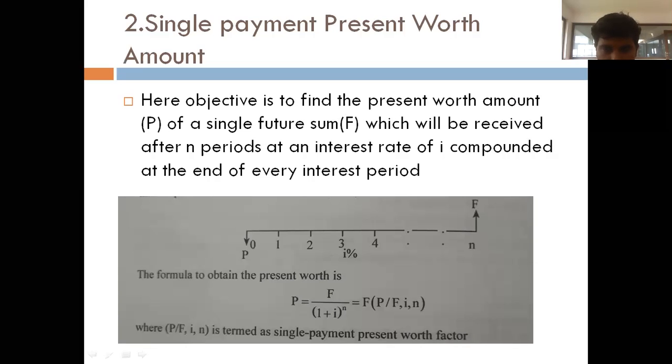In order to get 50,000, what will be my present worth? The formula is P equals F divided by (1 plus I) to the power n. So you have to calculate all these things.